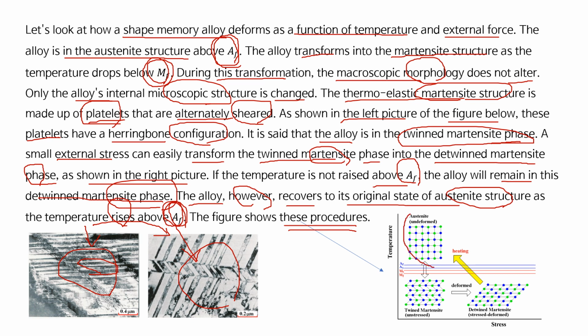So at this temperature, the alloy has austenite structure, and we lower the temperature below martensite finish temperature, then this alloy has twinned martensite structure. And if you apply small force to this alloy, then this alloy deforms. So we can have the detwinned martensite structure.